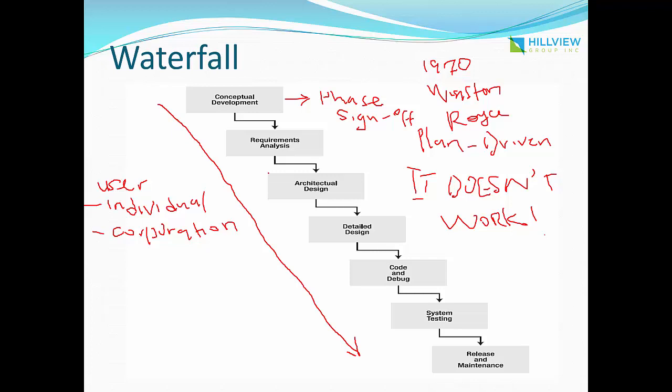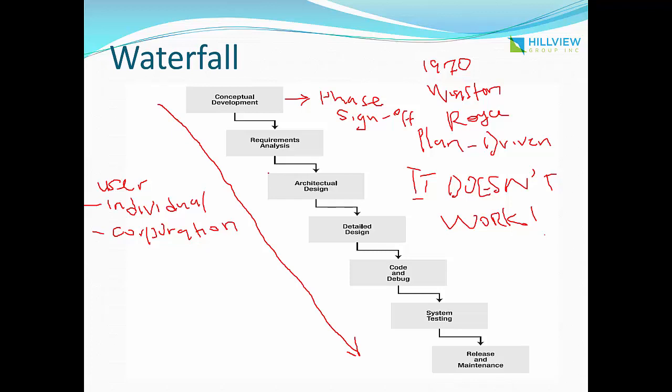Now, note one thing. Although I say it doesn't work, it's a good learning process. If you know the phases of the waterfall life cycle model, you will know all the phases that you have to go through for any software development effort.